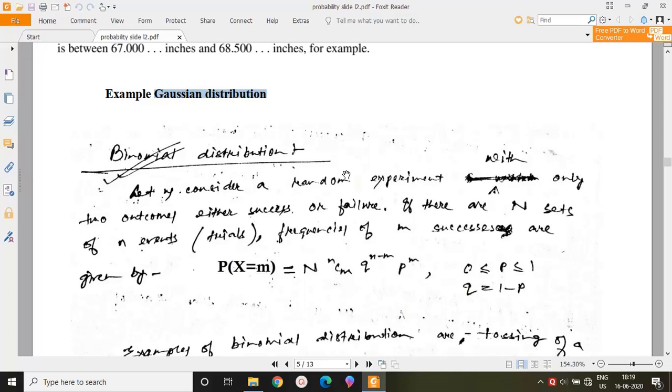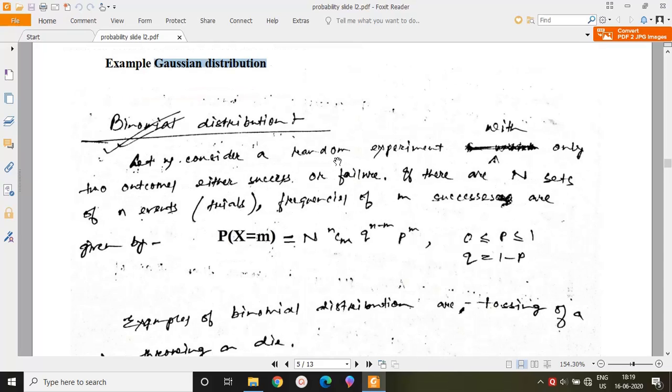Even problems are coming from mean deviation. All these things are not properly included in your syllabus. Your syllabus says to learn Gaussian distribution and the mean and variance of Gaussian distribution, to be more precise. But they are asking questions from binomial distribution. So let us learn binomial distribution.